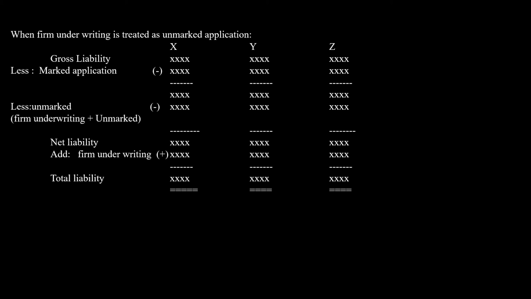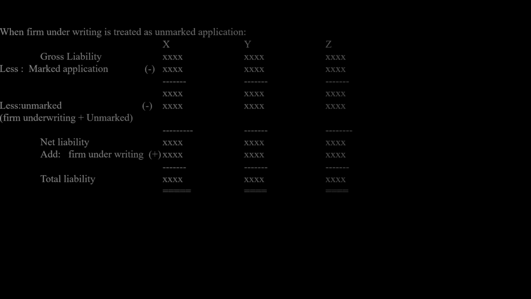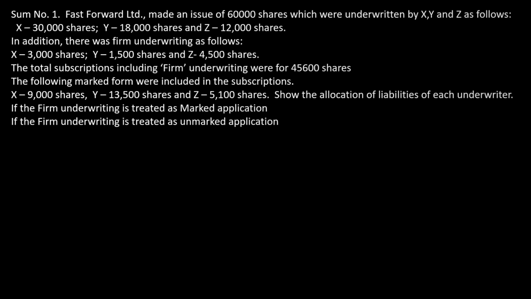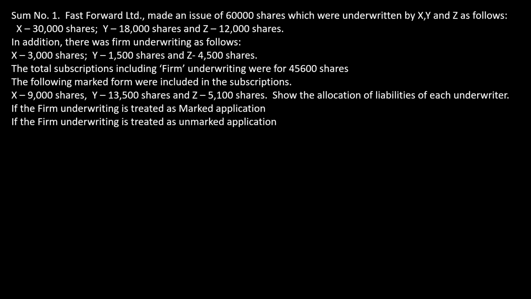We'll see one sum now. Fast Forward Limited made an issue of 60,000 shares which were underwritten by X, Y and Z as follows: X 30,000 shares, Y 18,000 shares, Z 12,000 shares.